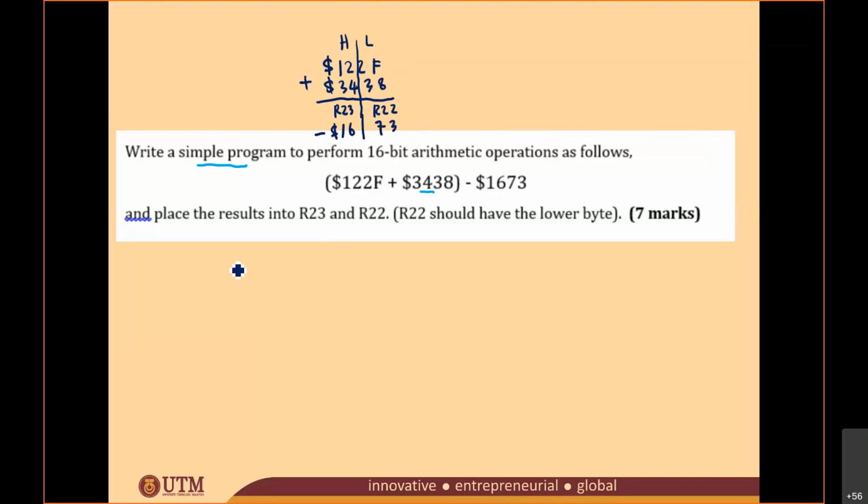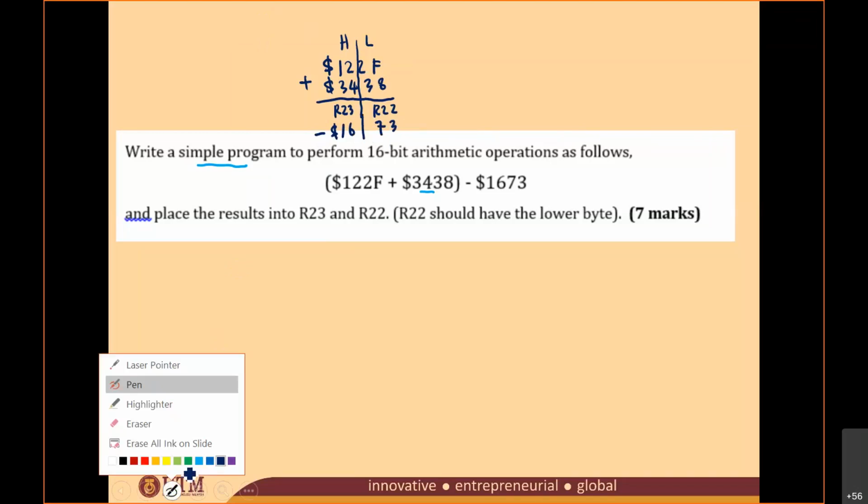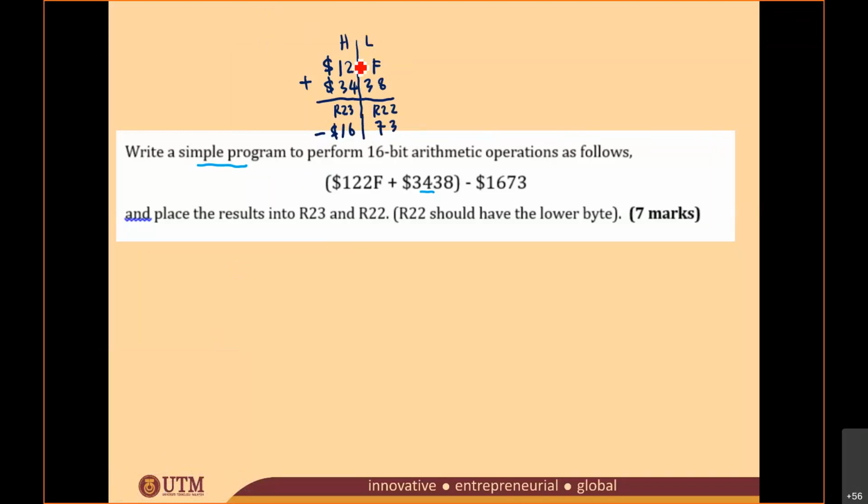So then what are you going to do? Identify the register that you want to use for all of these numbers. This one we put in R22, because we want to put the result in R22, and this is R23. What about this one here? You can put it in R16, and this is R17.